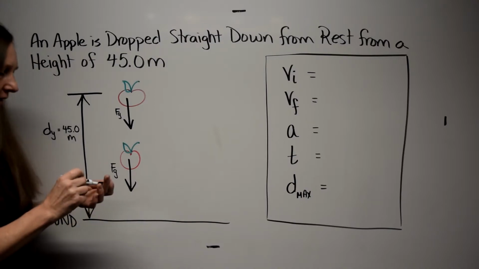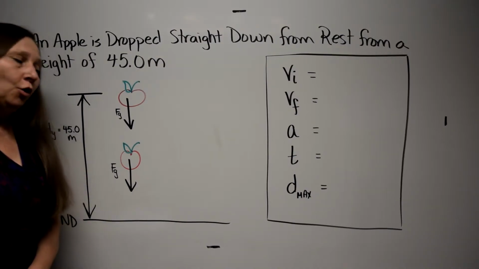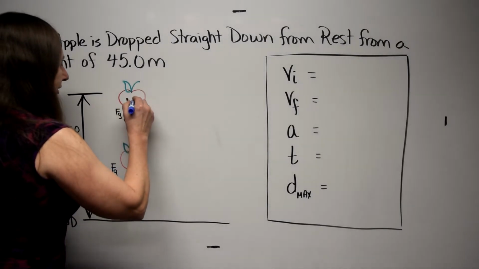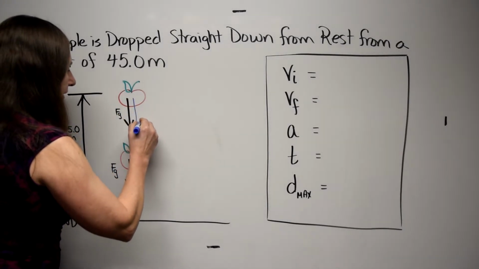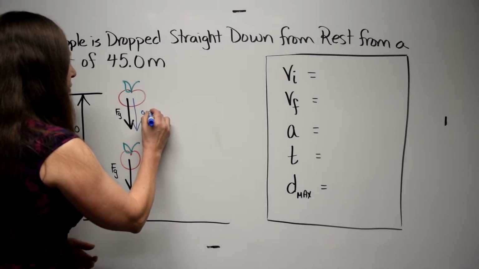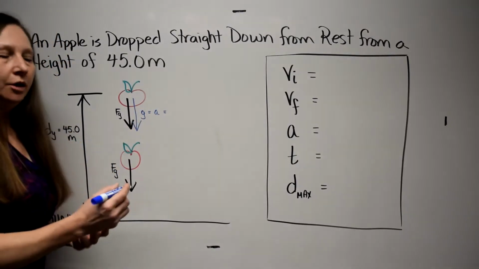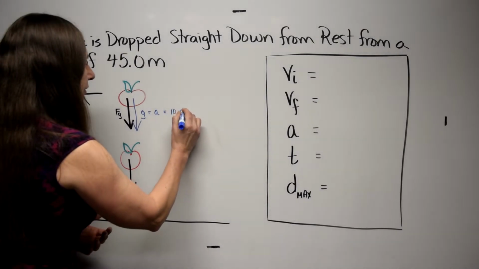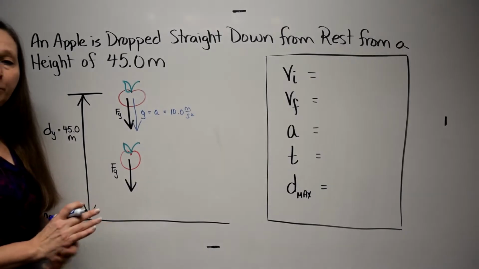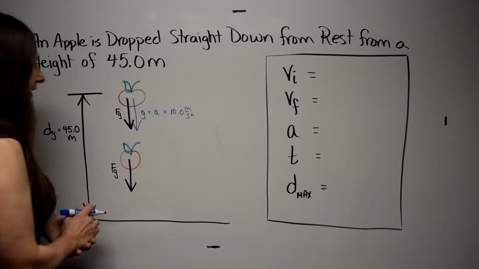And the apple also experiences an acceleration. We know that the acceleration on the Earth, I'll make that a thin blue line, g or a, is 10.0 meters per second squared. We'll round off the 9.81 to 10 meters per second squared.